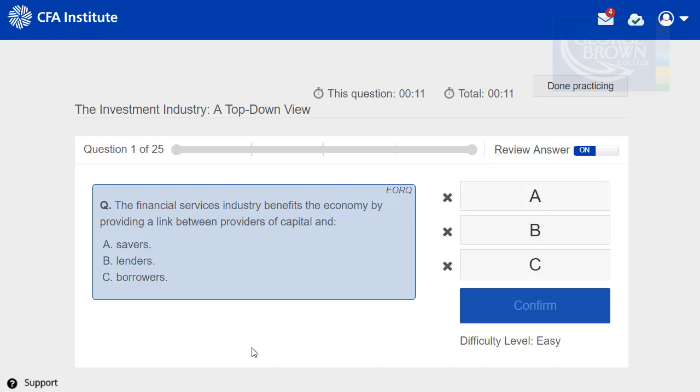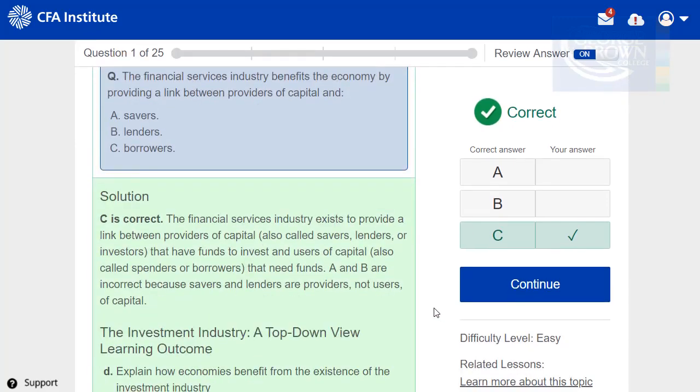Okay, so one last practice question here. The financial service industry benefits the economy by providing a link between providers of capital. So people are saving and investing. So who are they linked to? Well, it would be the borrowers. Okay, so I'm going to click C. And yes, I've got that correct.